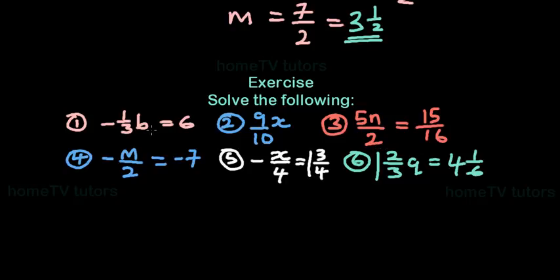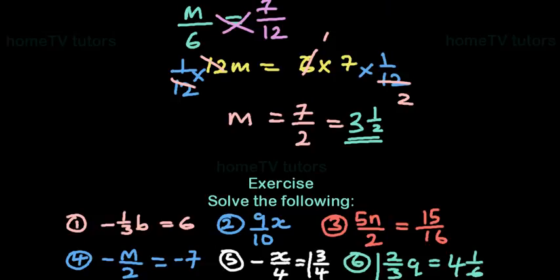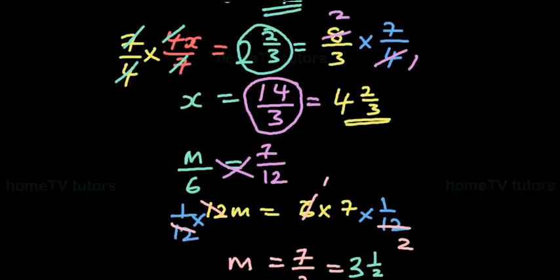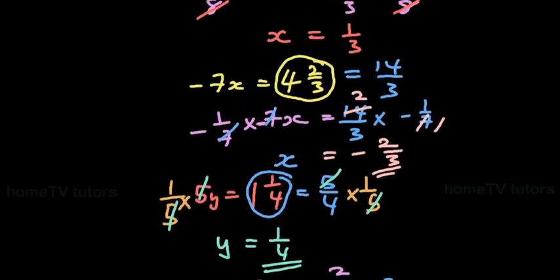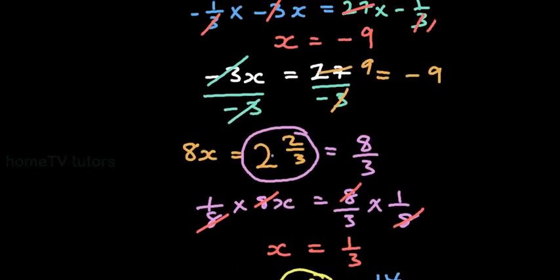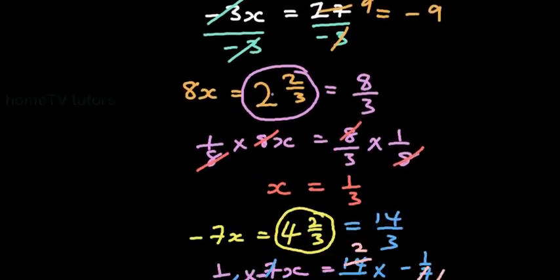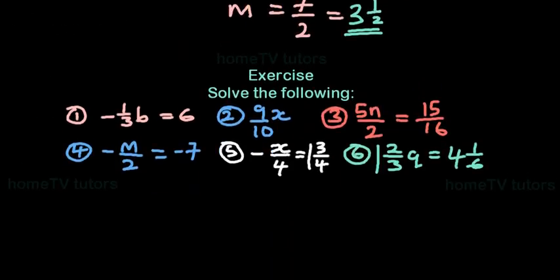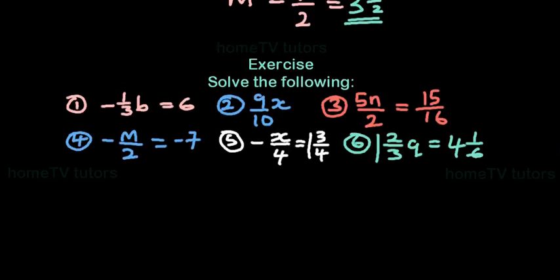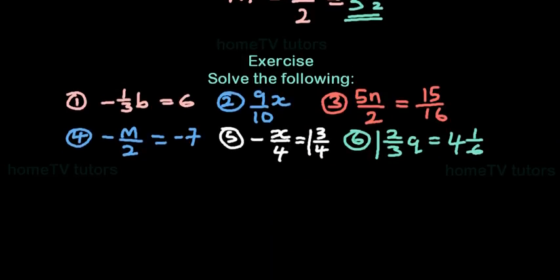Please work out these exercises before going to the next video. In case of any difficulties, just go back and replay the video. I did about 6 examples that are enough for you to understand, to be able to solve these 6 questions. All right, thank you.